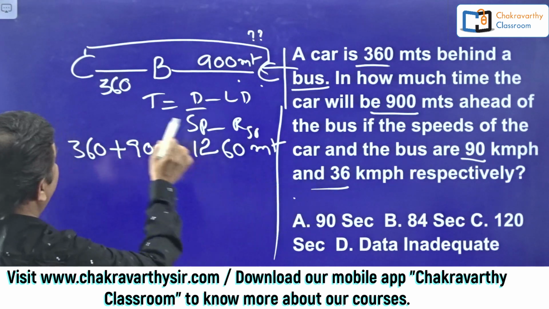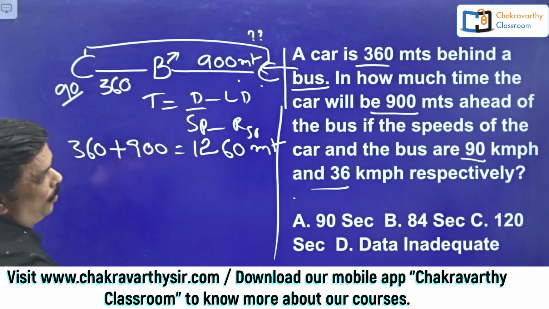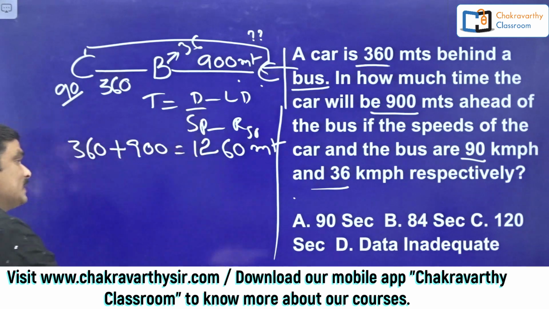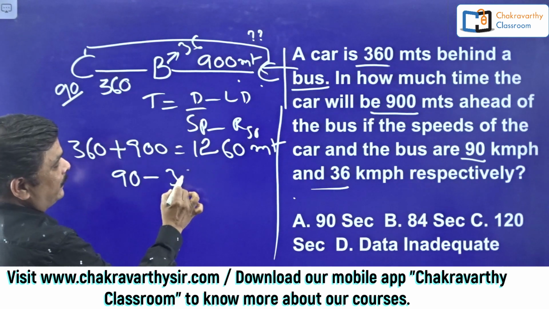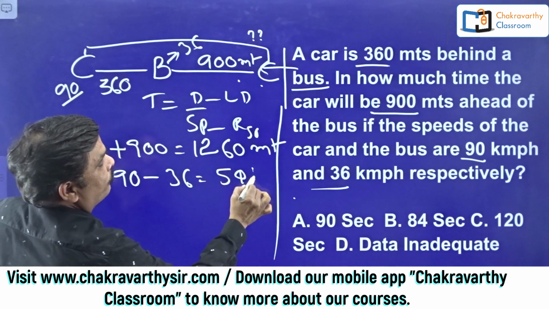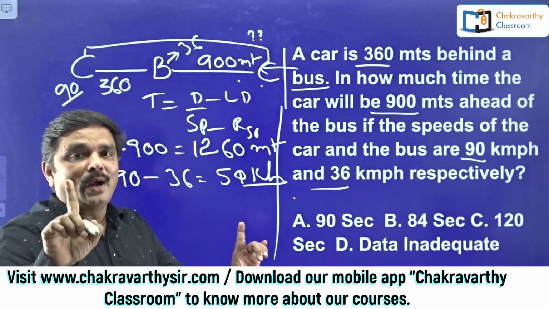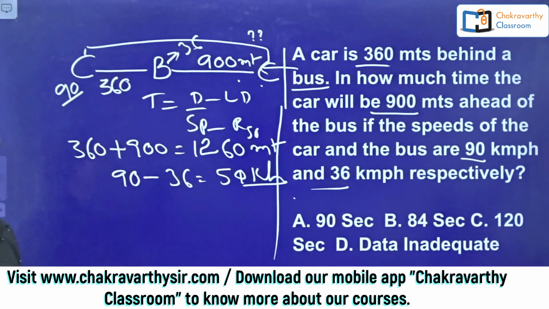The car speed is 90 kilometers per hour and the speed of the bus they have given is 36 kilometers per hour. And obviously the relative speed is 90 minus 36, 54 kilometers per hour. But one thing you have to observe here, you must be careful about the units, students.